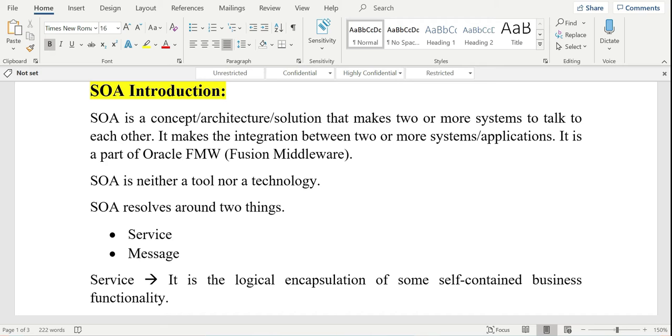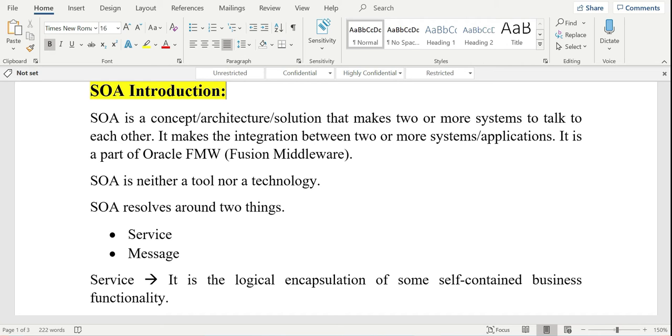SOA is all about services. Everything we deal with in service-oriented architecture will be a service. So make sure that you have a clear concept of what a service is.